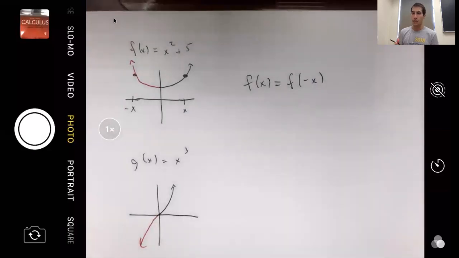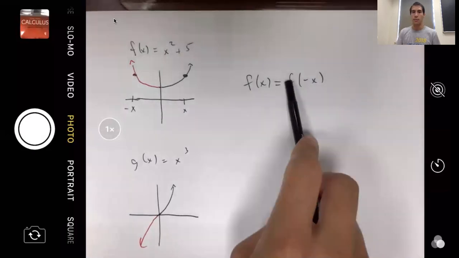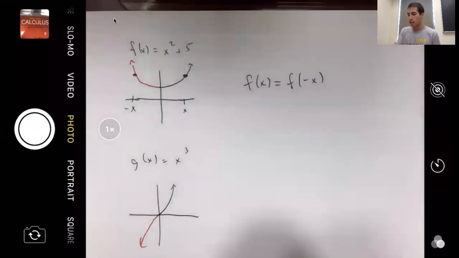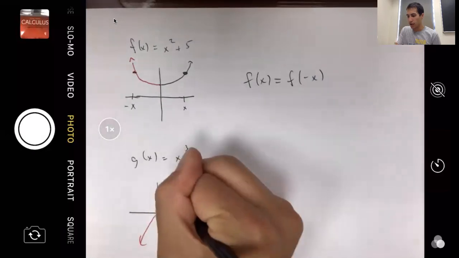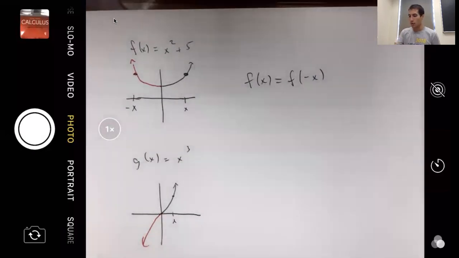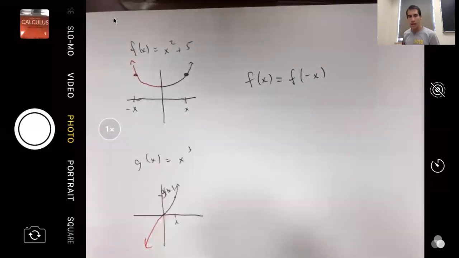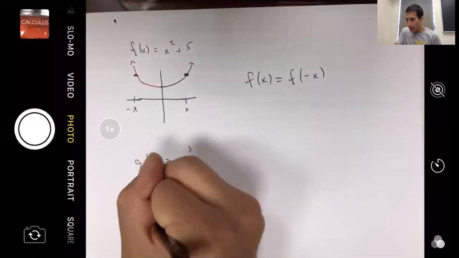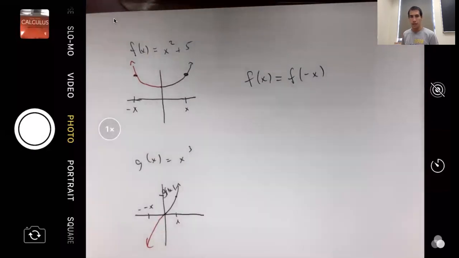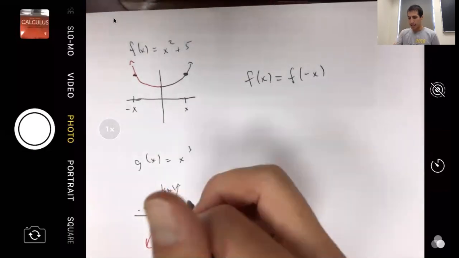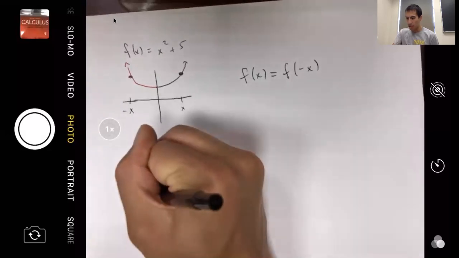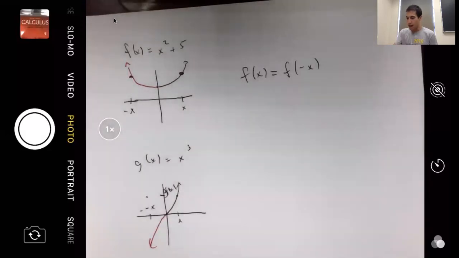Now the function x cubed has this other symmetry. It definitely doesn't satisfy this even property, but it satisfies something similar. If I look at an x value, I can look at the corresponding y value, that's g of x here. And now I want to know what the y value is at negative x. Well, I'm flipping this across the y-axis, and then flipping it again across the x-axis.